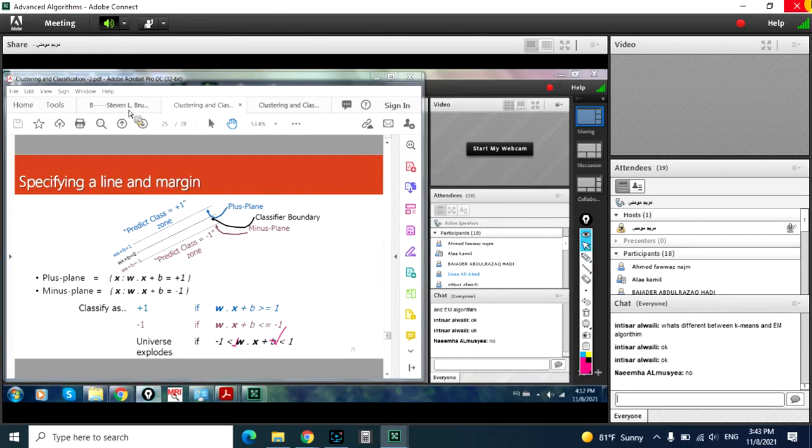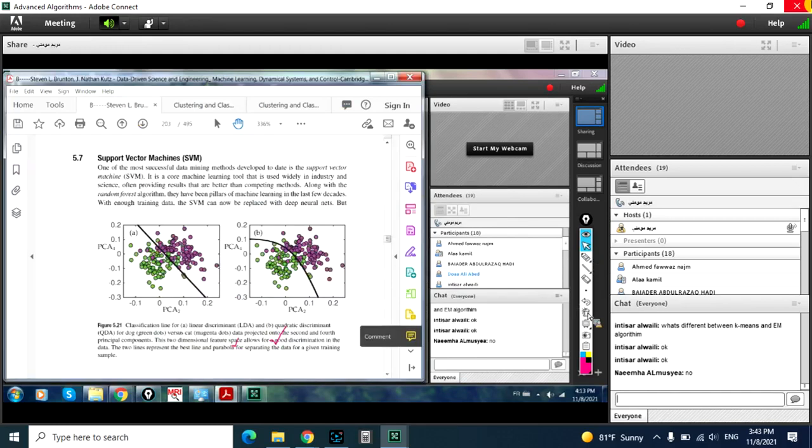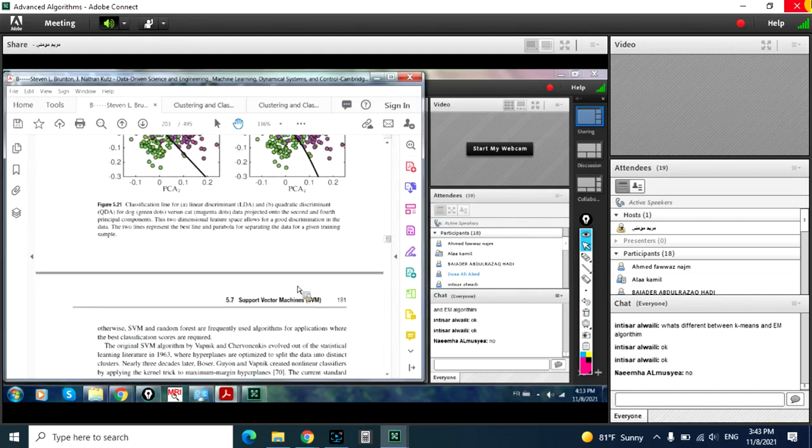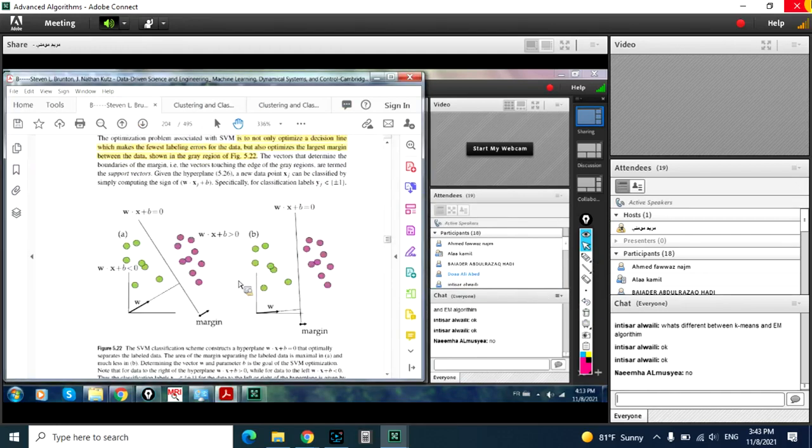How can we calculate it? The book explains about this. As you see again in these figures, they explain about the line and about the margin.